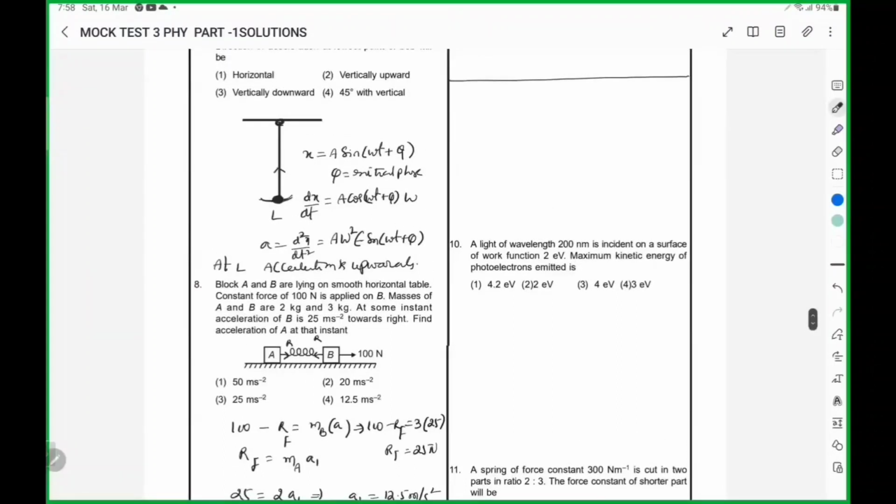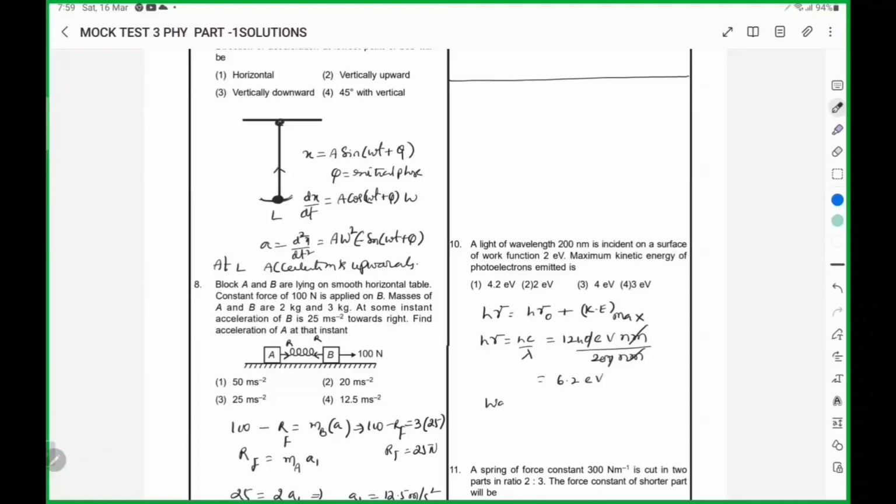A light of wavelength 200 nanometers. Einstein photoelectric equation: h nu is h nu naught plus kinetic energy maximum. h nu here is hc by lambda. hc is 1240 electron volt nanometer, lambda is 200 nanometers, so it is 6.2 electron volts.